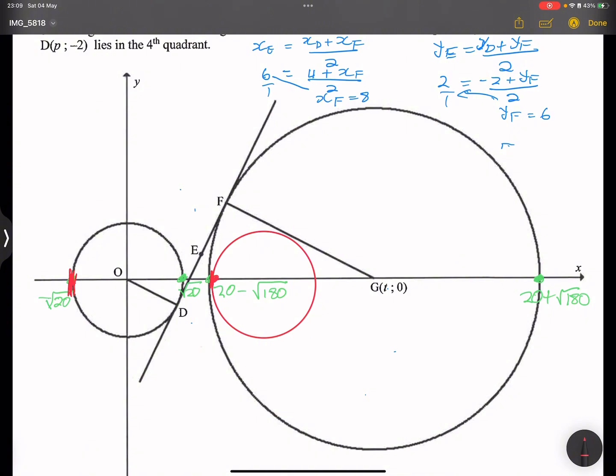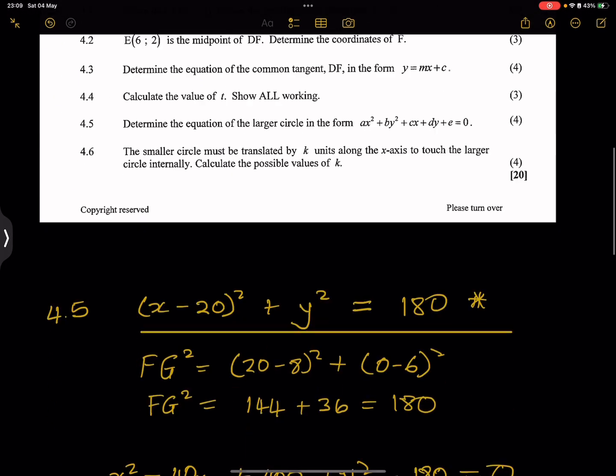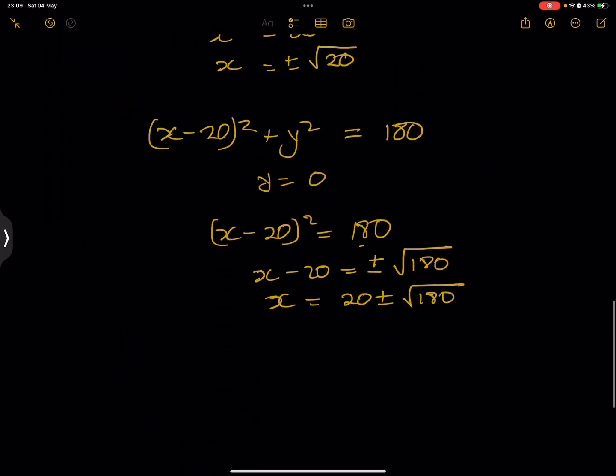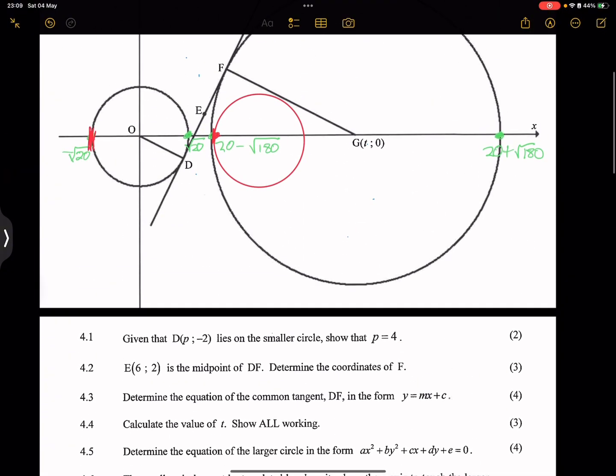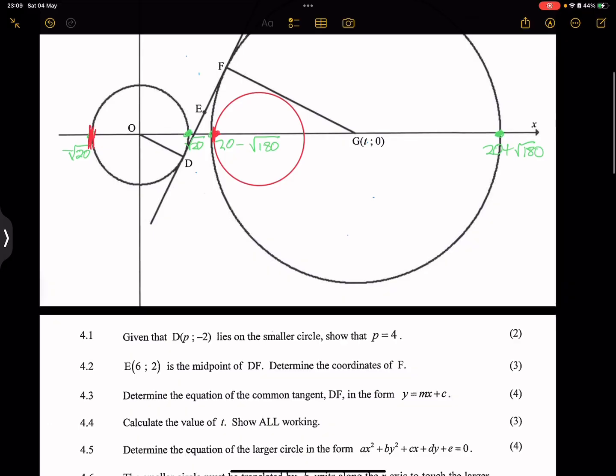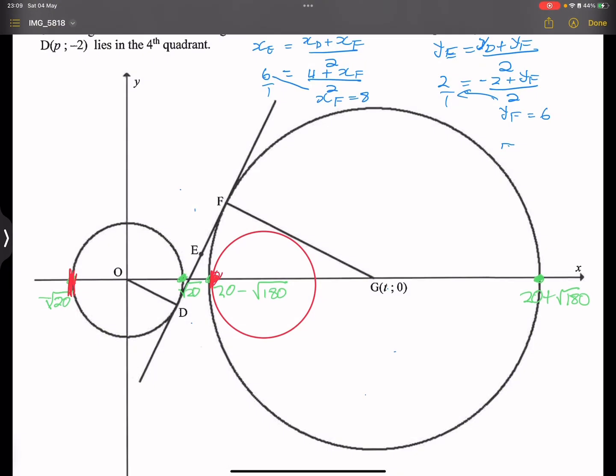So now the first value of k, please note, I said I'm going to take the x coordinate of the big circle, so that's 20 minus root 180, so it's this value over here, right?